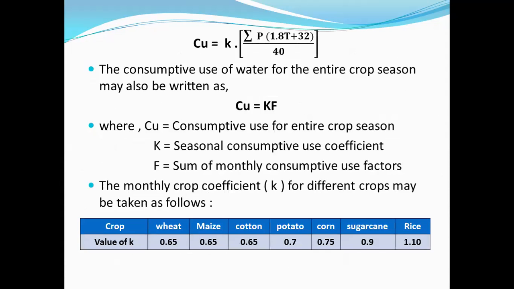The seasonal consumptive use of water may also be written as Cu equals capital K multiplied by capital F, where Cu is the consumptive use for the entire crop season, capital K is the seasonal consumptive use coefficient, and capital F is the sum of the monthly consumptive use factors.